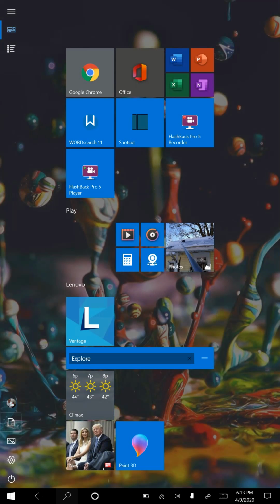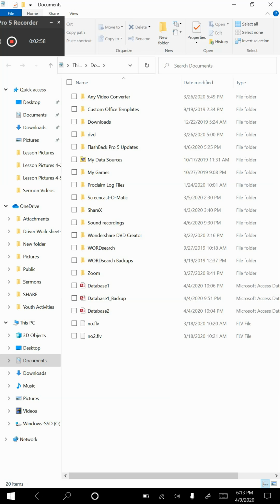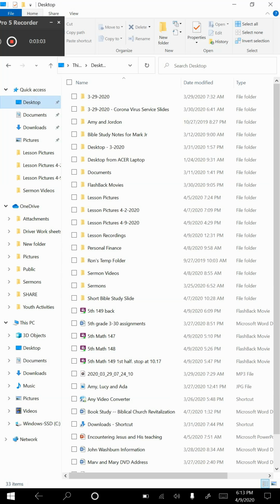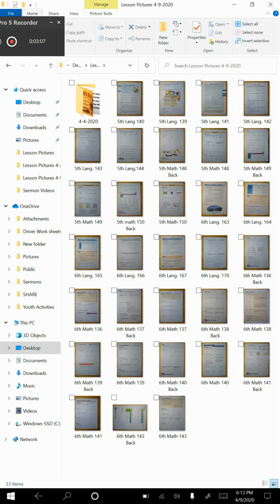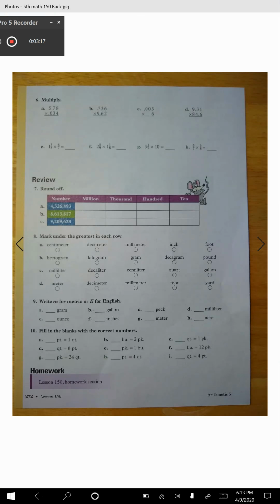Hopefully I don't lose this. Hopefully it's still recording. Desktop. I want to go to open. We're on 50 on the back. Open. I probably don't have anything. All right.